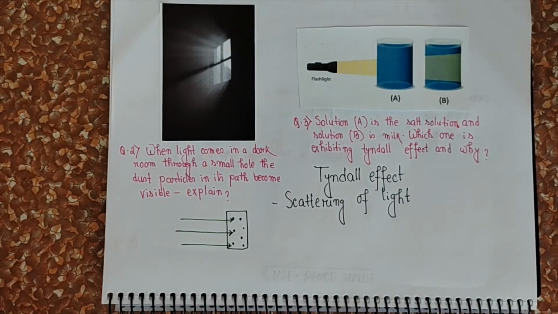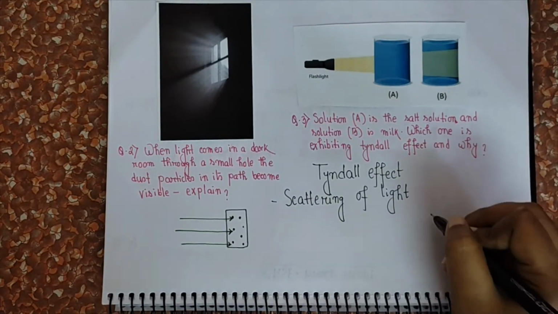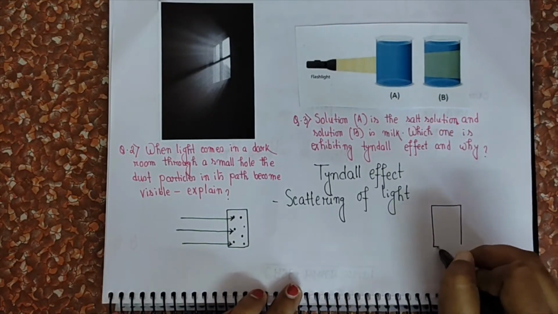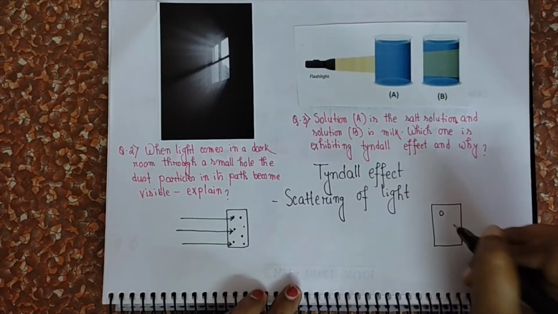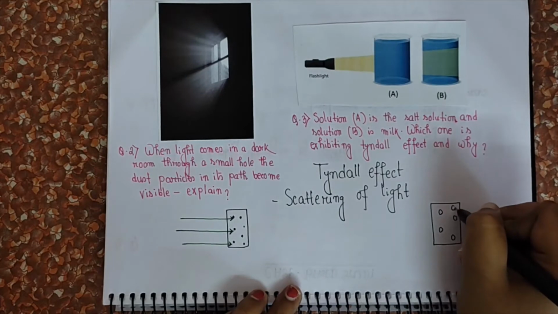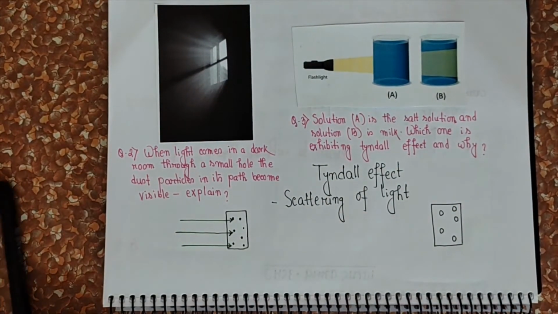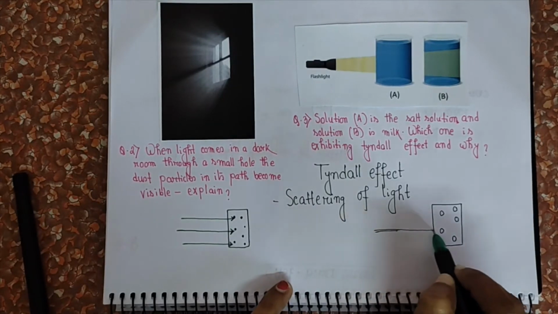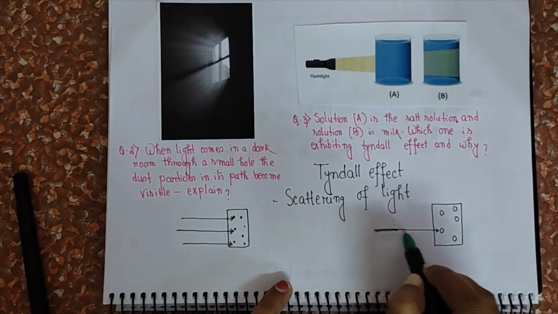But you know that the colloidal particles are larger in size as compared to the true solution. So whenever light is going to pass through this colloidal solution, then what will happen?